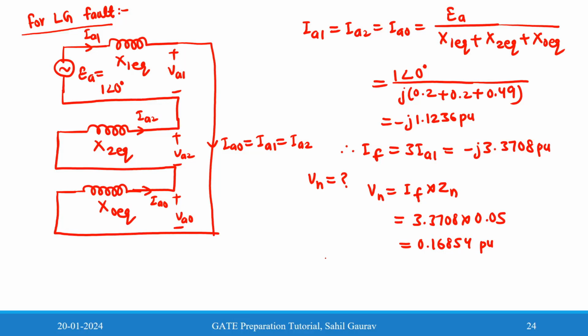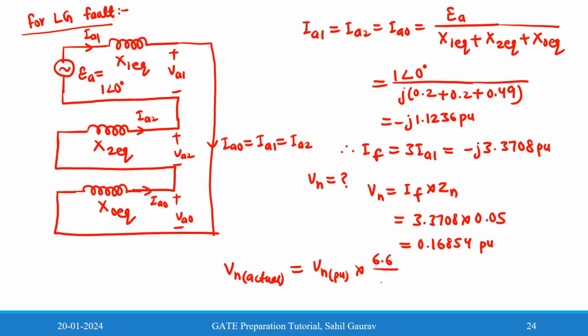and you have to give the answer in the actual value. We have found this in per unit value. So the actual base value is, so Vn actual will be Vn per unit, and base value is given as 6.6.